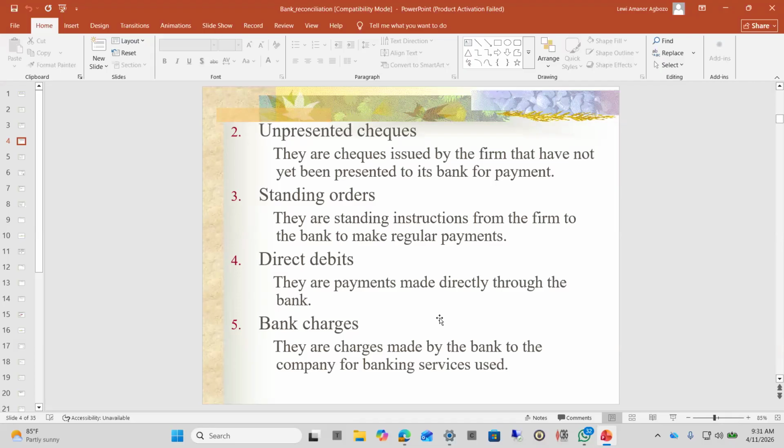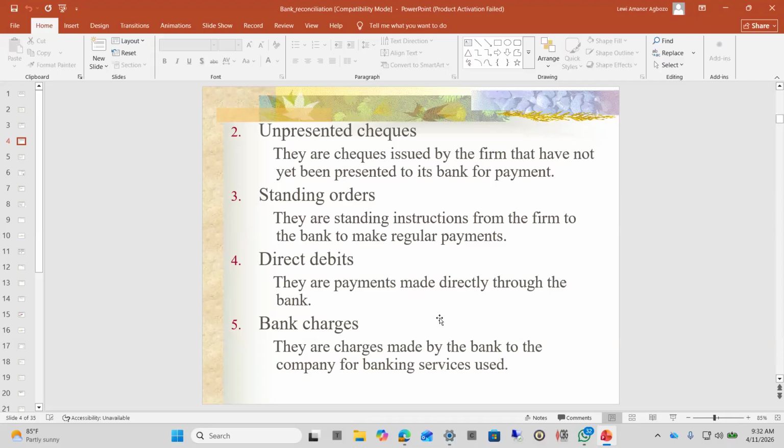And all those checks are called unpresented checks. Just as the name is, when you issue a check to somebody, the person needs to present the check to the bank before the bank can give them money. If the person did not present the check to the bank, then the bank will not be able to give them money. And so you call those checks unpresented. Is that okay?